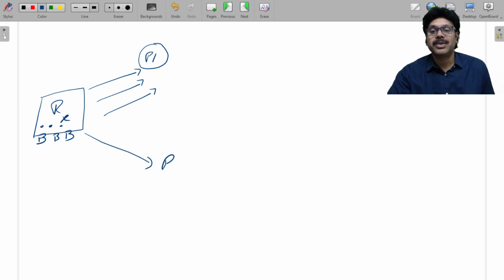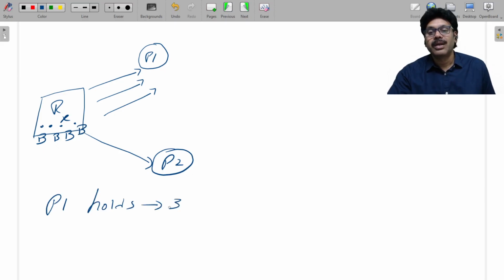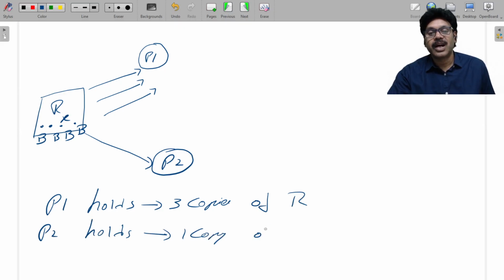Then there is a P2, with one more arrow. What is the meaning of this? P1 holds how many? Three copies of Rx. And P2 holds one copy of Rx because the edge is coming from the resource only.